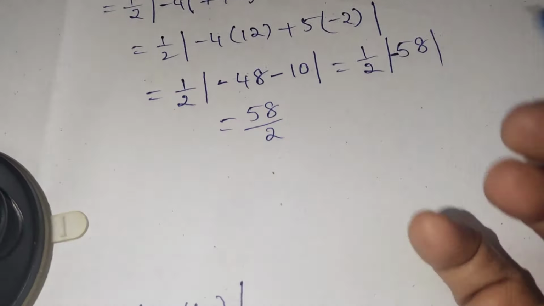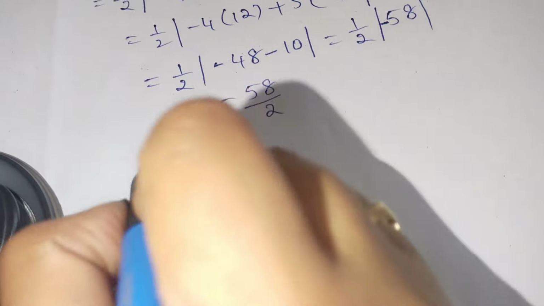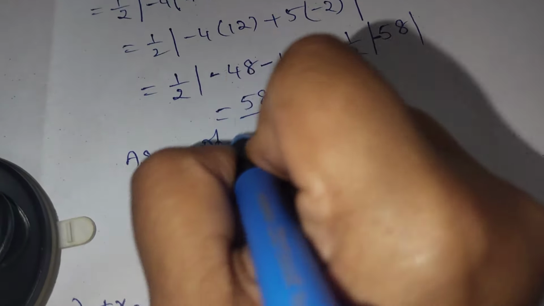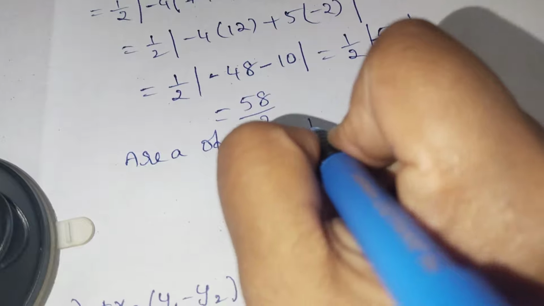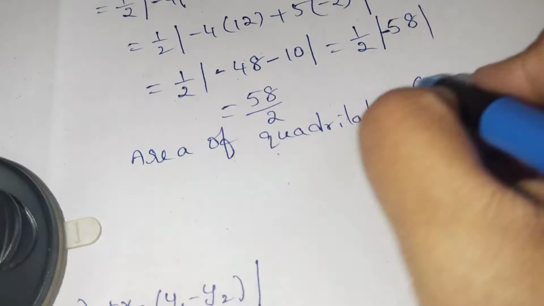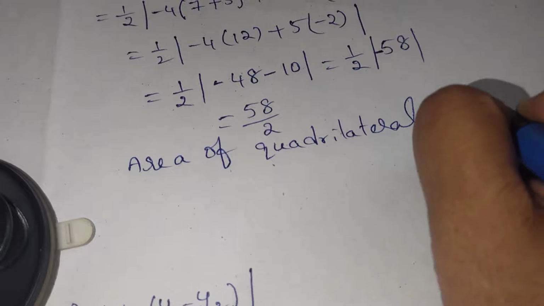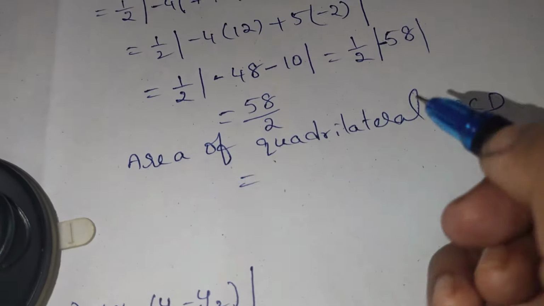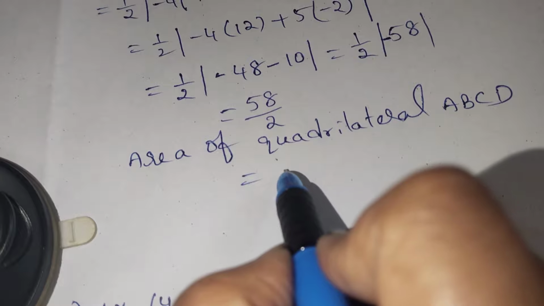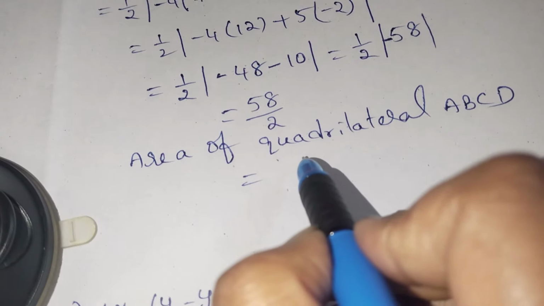So we want the quadrilateral area. Area of quadrilateral ABCD is equal to, what is that? Area of triangle ACD plus area of triangle ABC.